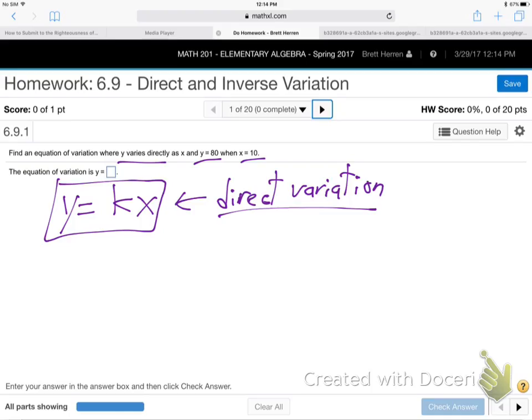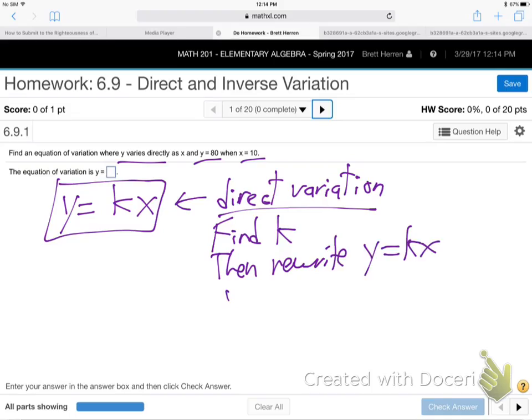All right, so direct variation. So what does that mean? Well, what they want you to do is find the k, then rewrite y equals kx and plug in the k.